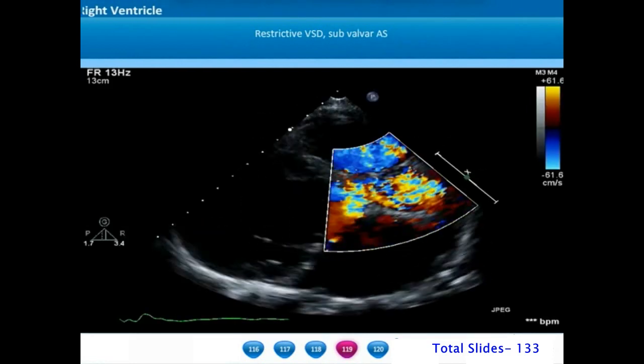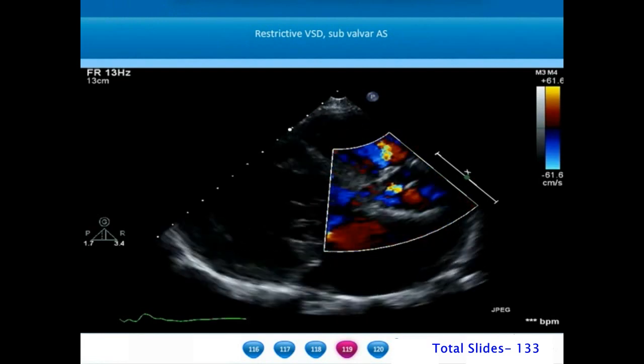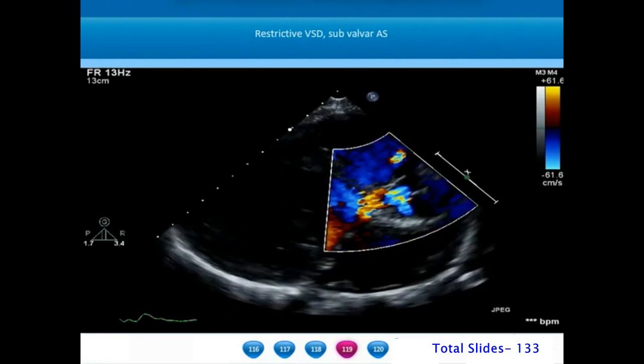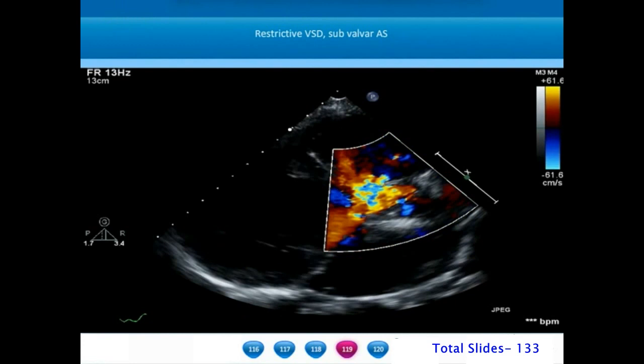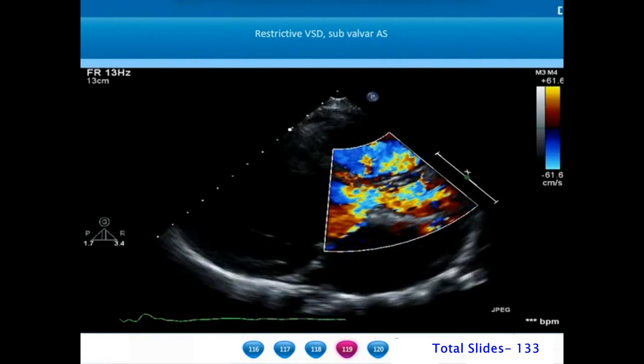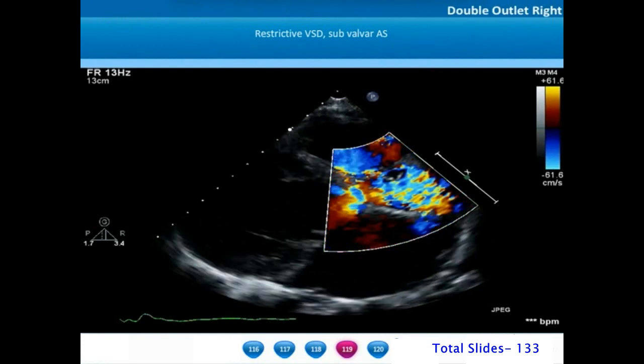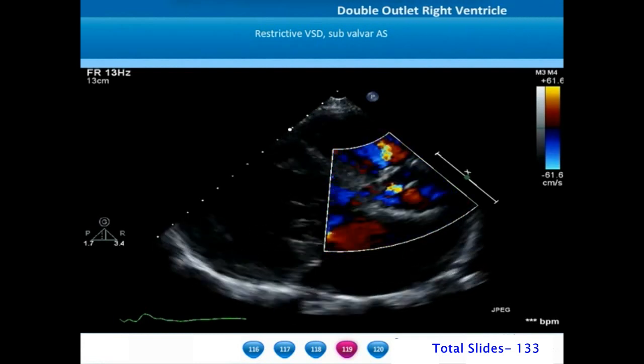On a parasternal long axis view, we can notice the turbulent color flow from the left ventricle towards the aortic valve, indicative of higher pressures in the left ventricle than the aortic systolic pressure.